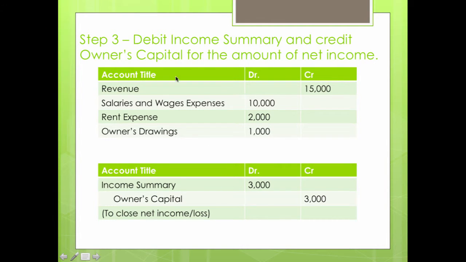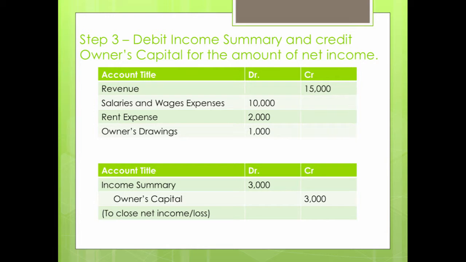Step 3. Debit income summary and credit owner's capital for the amount of net income. What is net income?